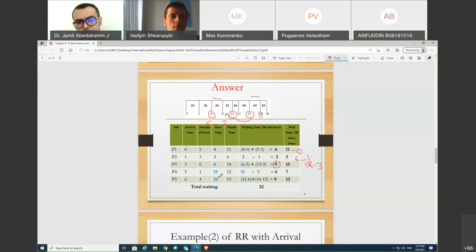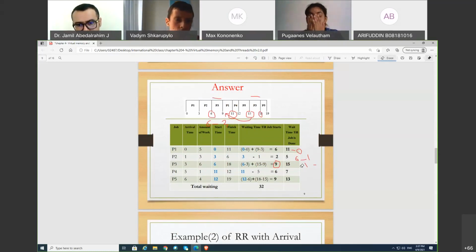We have the picture P1, P2, P3, etc. Under the pictures, there are numbers 0, 3, 6, 9, 11. This is the time we summarize our quantum time. No, as we discussed before, this was 3. There is no relationship between arrival time and quantum.